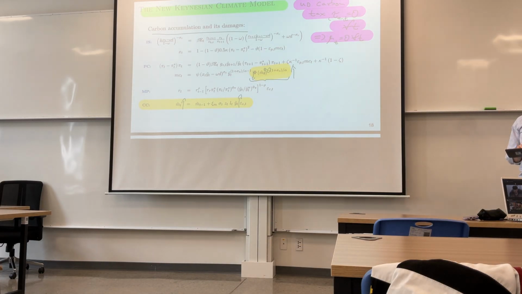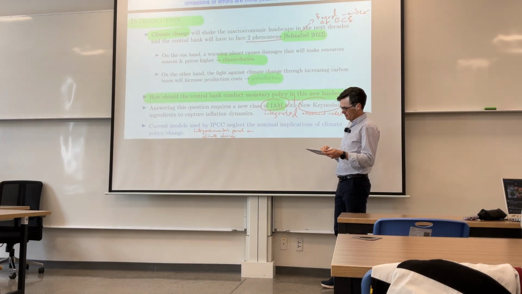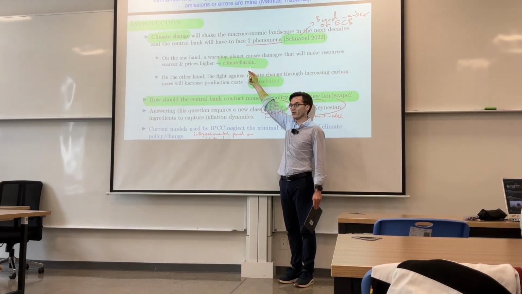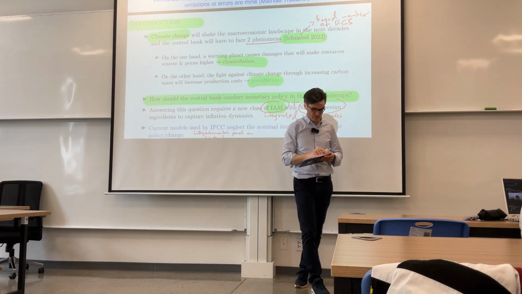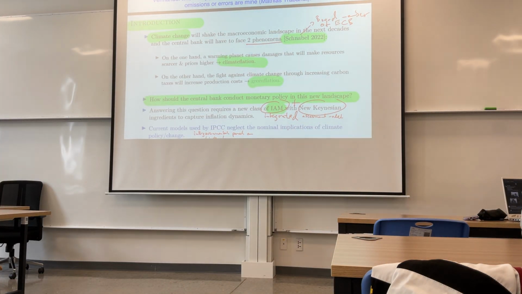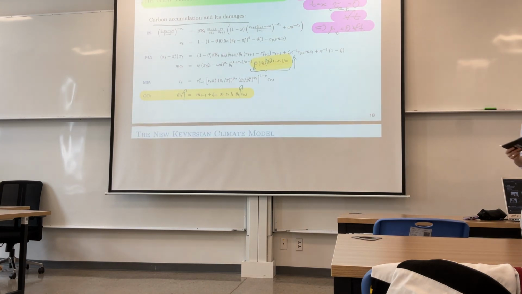So let's go back here to the very first slide. That is exactly the climateflation channel that central bankers have in mind. So let's annotate that in our slides. This is the so-called climateflation channel. This is quote-unquote climateflation.